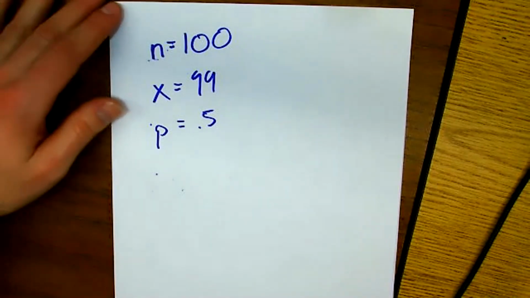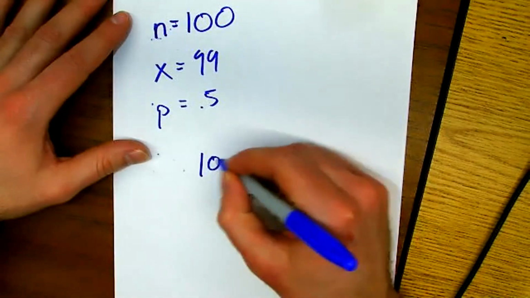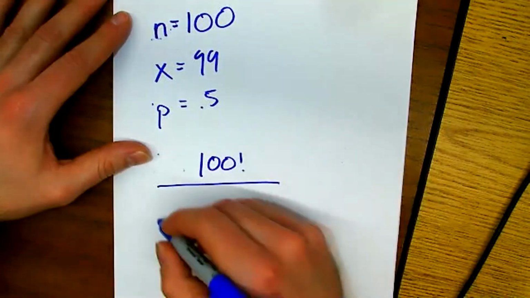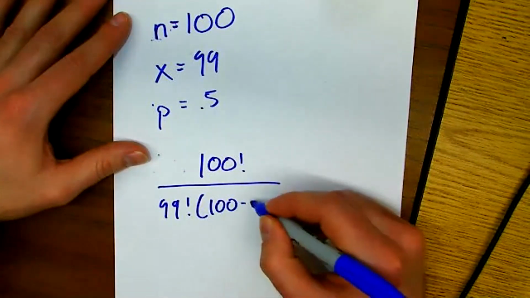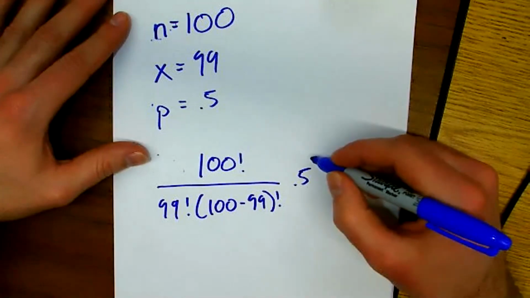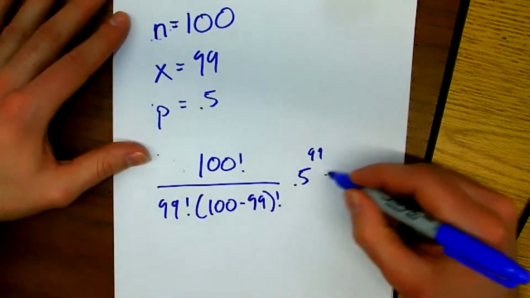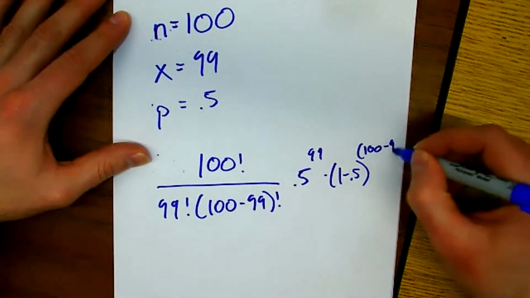If I start writing out my binomial equation, I'll have n factorial over x factorial times n minus x factorial, times the probability of success to the x, times 1 minus the probability of success to the n minus x.